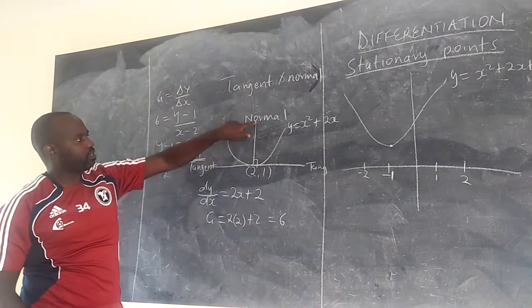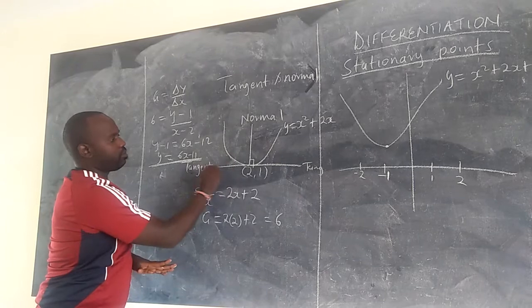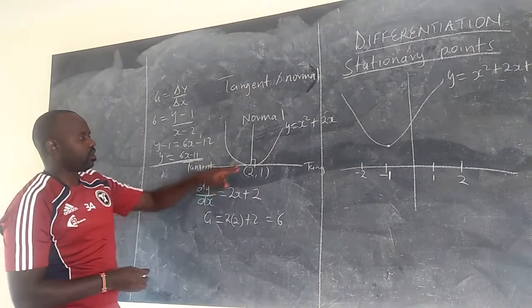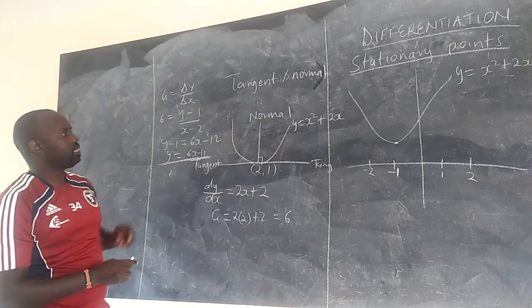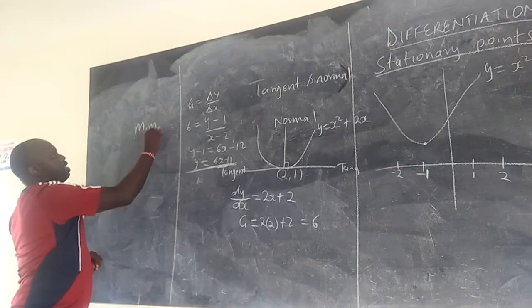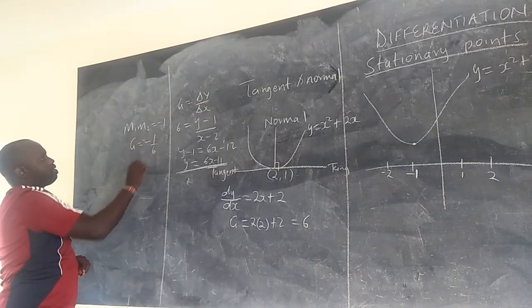Now to find the equation of the normal, you have to know that the normal is meeting the tangent at 90 degrees. So you take m1 times m2 equals negative 1. So the gradient of the normal will be negative 1 over 6.